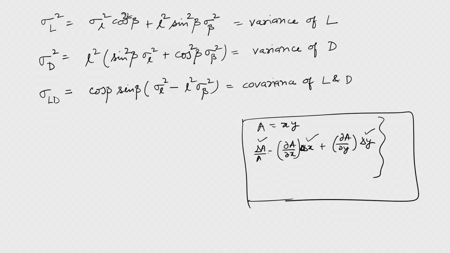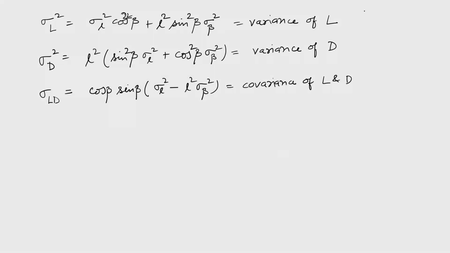So that is the idea here, right? So don't confuse yourself. What we are doing here is we are trying to estimate the error in the latitude and departure based on the estimate of error in the length and the bearing value. And why is it needed? Yes, it is needed in some of the applications. So we'll see the applications of error propagation today itself. These three answers you should verify yourself.